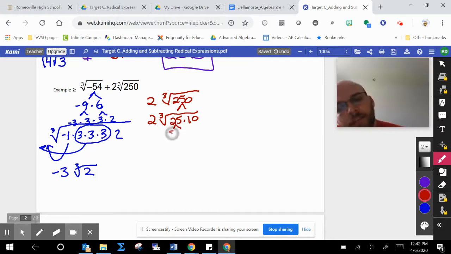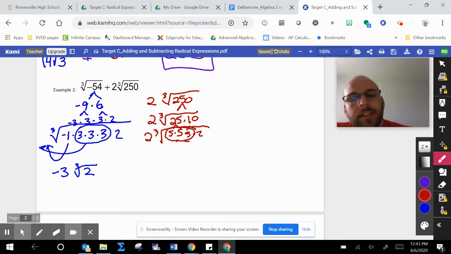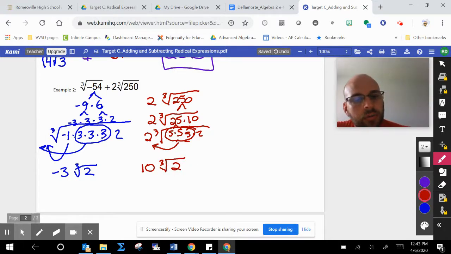I can break that down further. 5 times 5, 5 times 2. So I have 2 cube roots of 5 times 5 times 5 times 2. Now, I do have 3 5's. Again, it's a cube root, so we need a group of 3. That means I can take one of those 5's out, which gives me a 10 cube root of 2. And there was a plus sign between these two radicals.